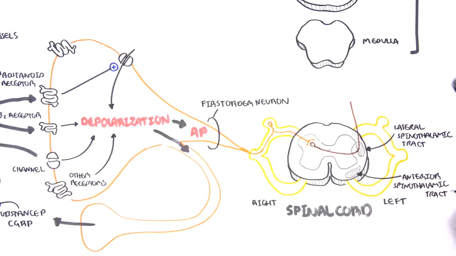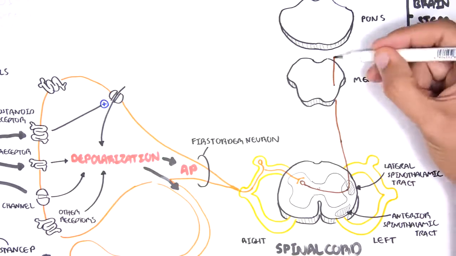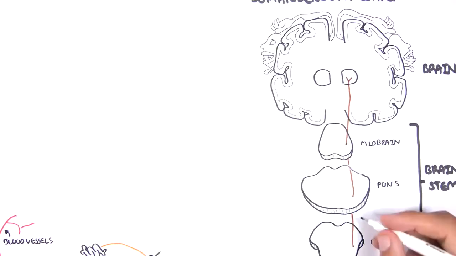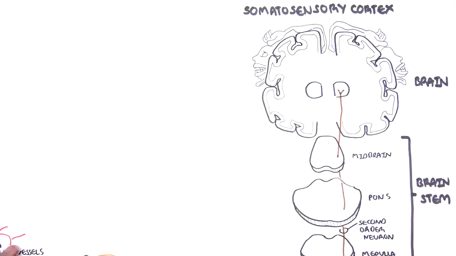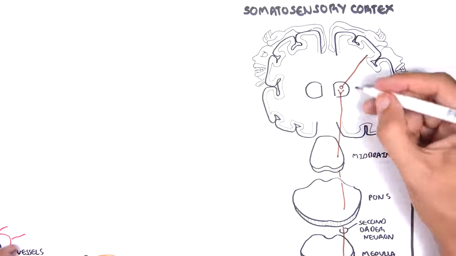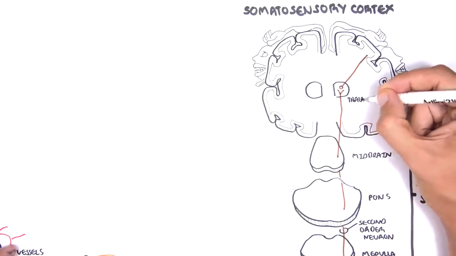The second order neuron will travel up towards the brain, past the brainstem, and terminate at the thalamus. The thalamus is a relay station in the brain. In the thalamus, the second order neuron will synapse with a third neuron called the third order neuron.